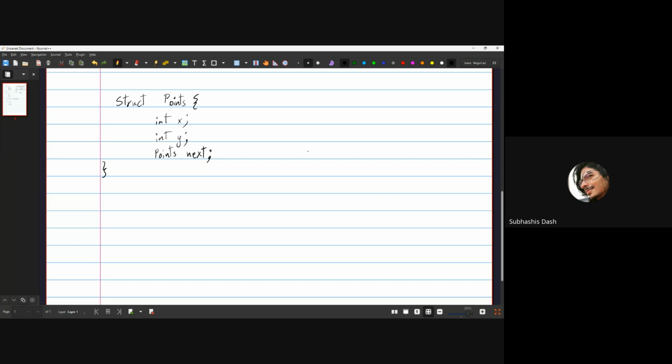So this is what you mean by nested structs. It calls itself when it reaches points next. Or sometimes it is just a pointer to that one. That is also a nested struct, and generally it will be like this only.